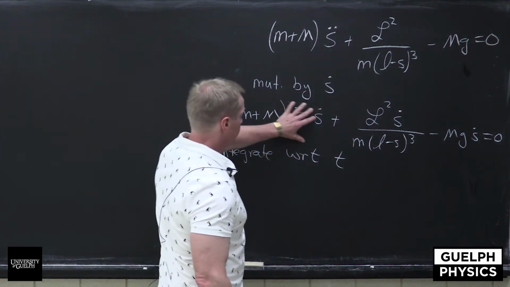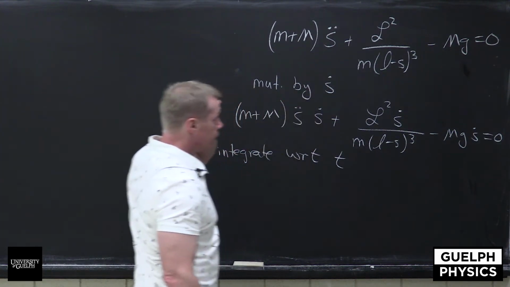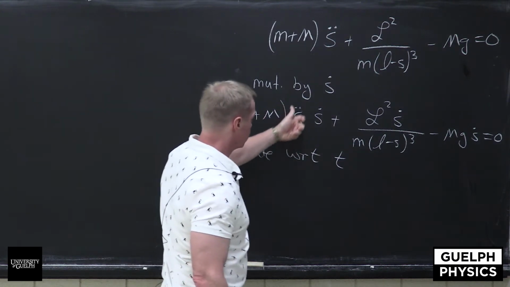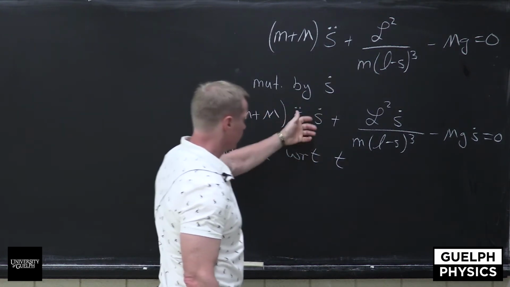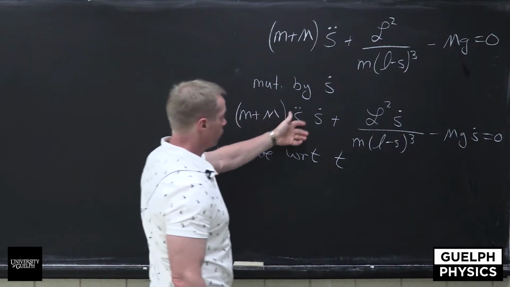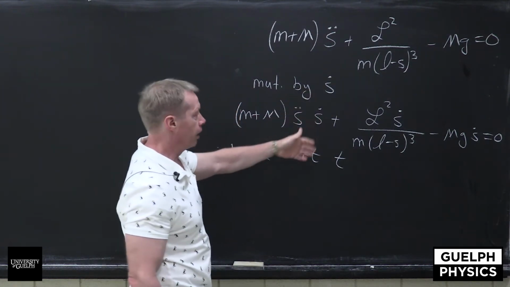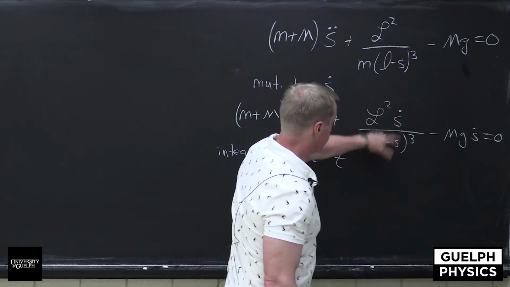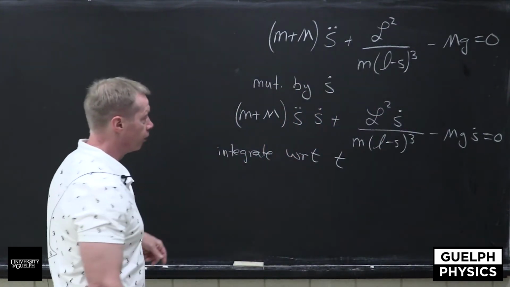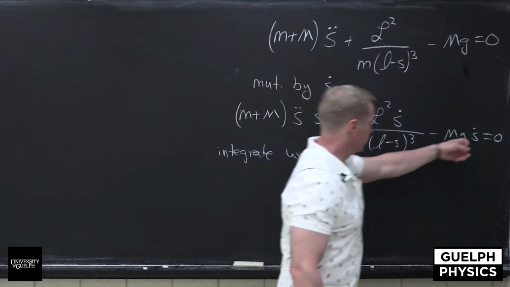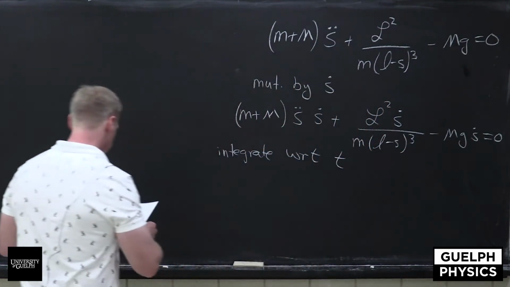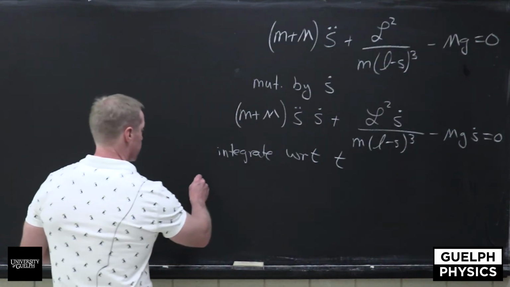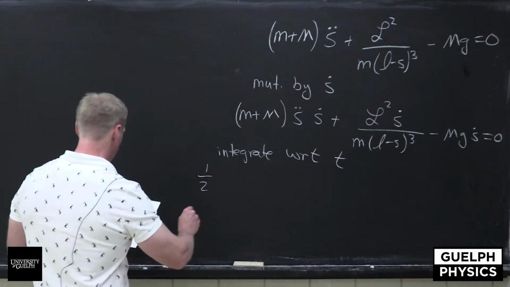And we have the same kinds of conditions as before, where we have s double dot times s dot, you integrate with respect to t, and so this becomes an s dot squared, and so on. And this integral ends up reducing to one involving ds. I won't go through the steps.